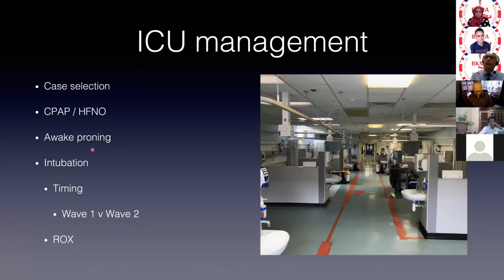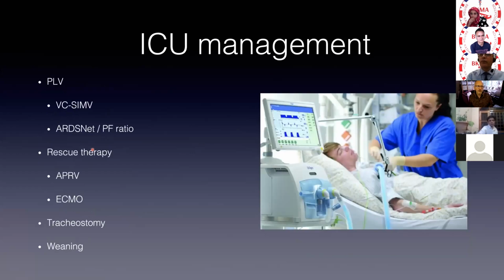Awake proning I've already spoken about, and we use that fairly rigorously in ITU, and obviously proning patients once they're intubated and ventilated. Just a quick bit about ITU. We go very hard on protective lung ventilation using standard ARDS-NET criteria.